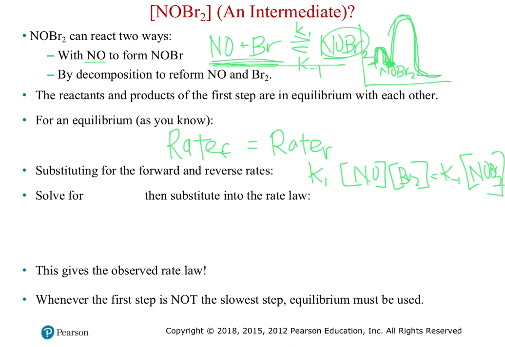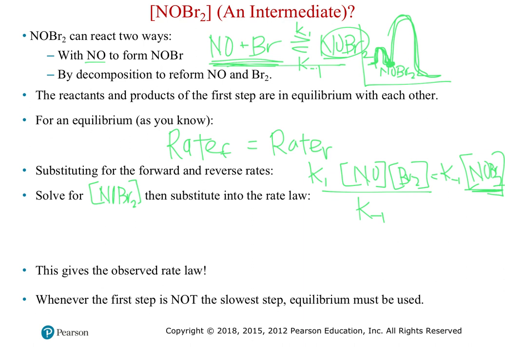Now what we can do is solve for this, get it all by itself by dividing by K negative 1. So we're going to solve for our intermediate to plug in to our last slide where we didn't have it.